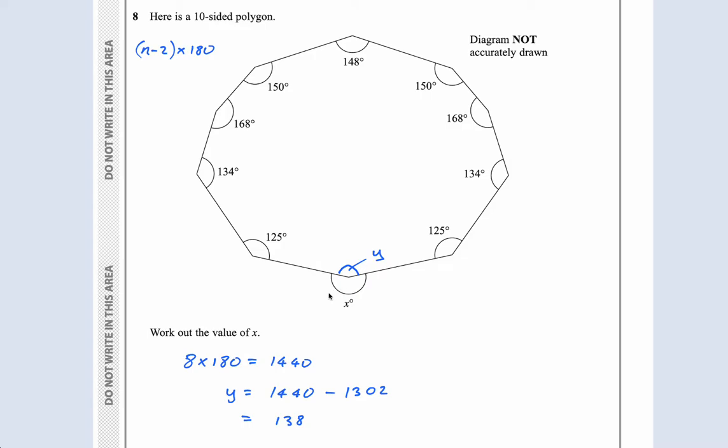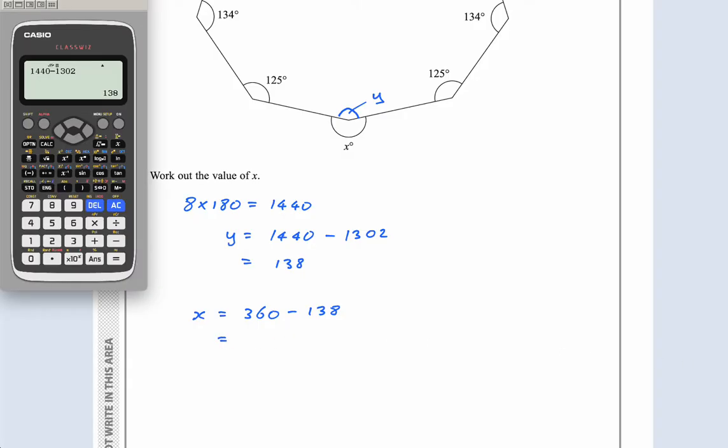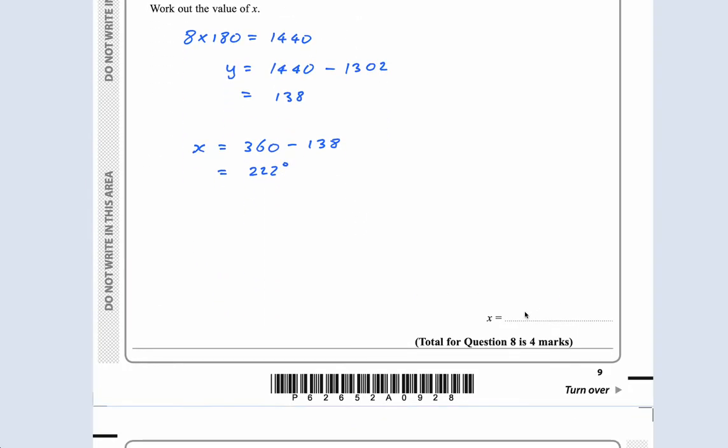And then x, remember, don't forget, I have to do x is equal to 360 minus 138. 360 minus 138 is 222. So this is 222 degrees.